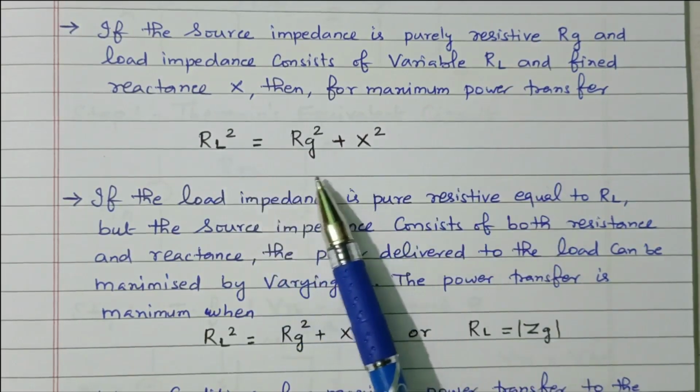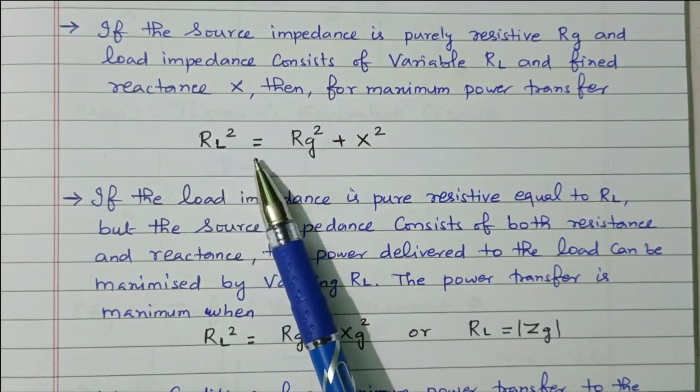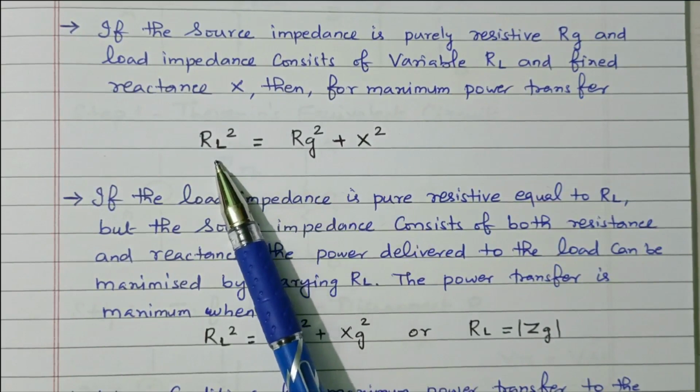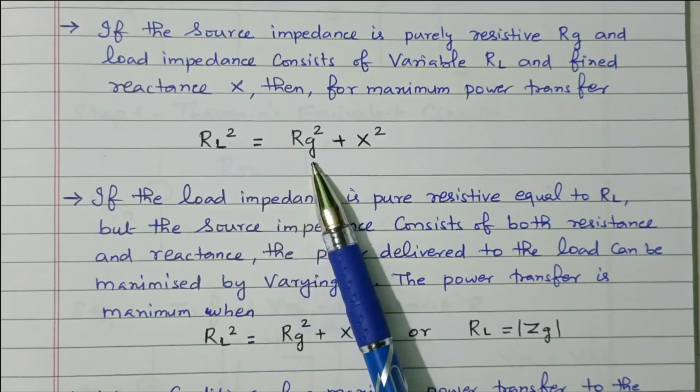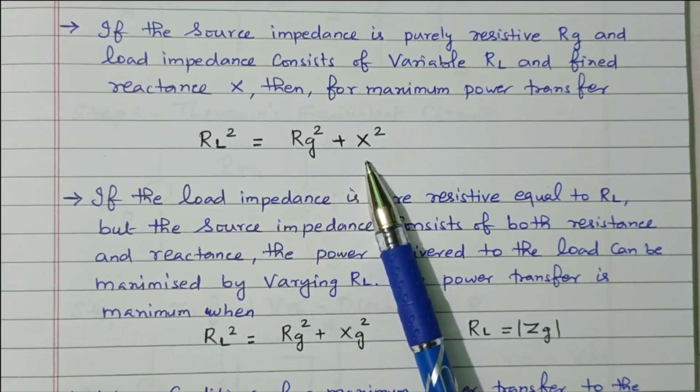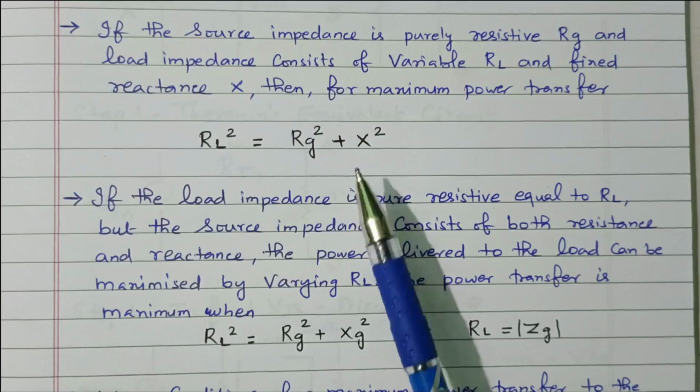RL is the load resistance, Rg is the internal resistance, and X is the reactance.